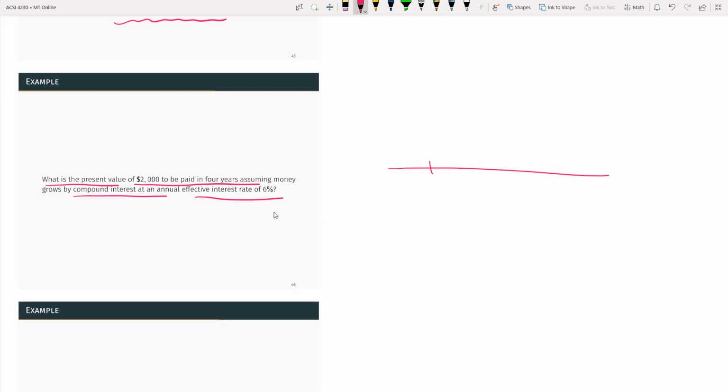If I draw the timeline, here is 0, this is 4, and 2000. The rate is given as an interest rate, so I would write present value equals future value times v to the t. But it's compound interest, so basically 2000 times (1 plus i) to the negative 4, and you can get the present value.